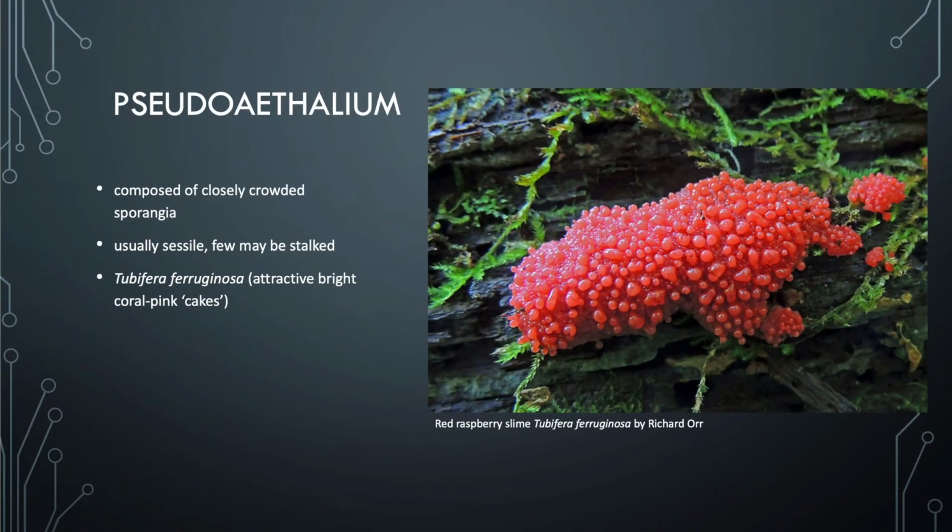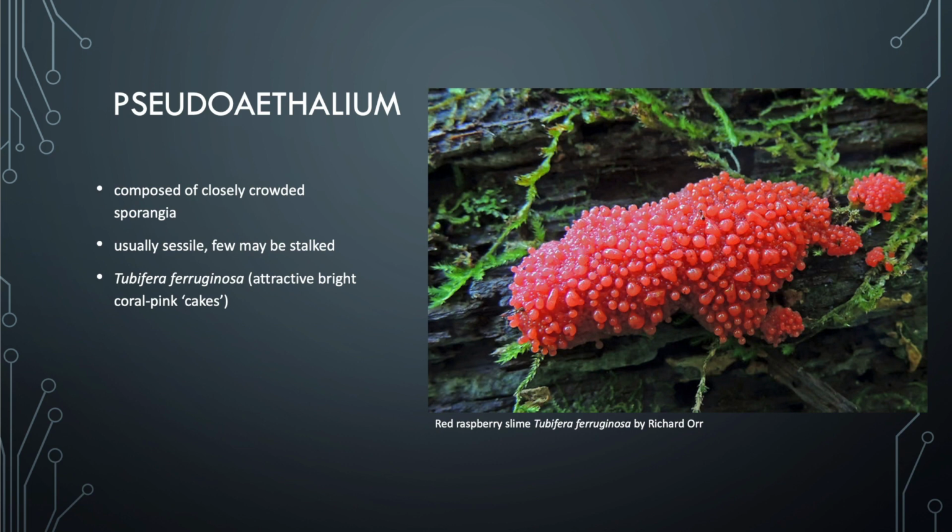The next type of fruiting body is called a pseudoaethalium, and this is composed of closely crowded sporangia, so the little containers of spores. And once again, it is usually sessile, but a few of these might be stalked, so they might actually produce a stalk.